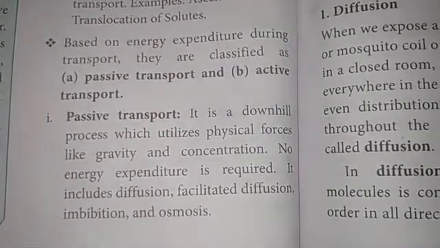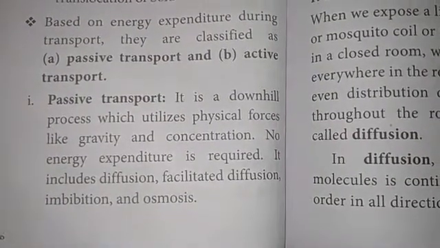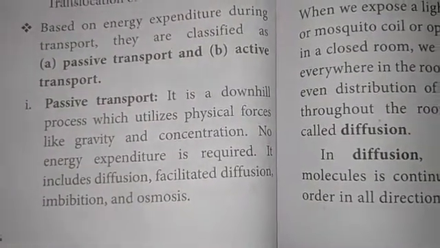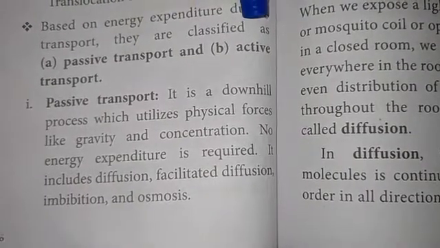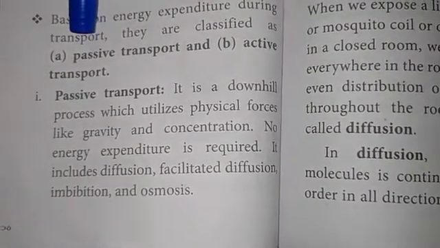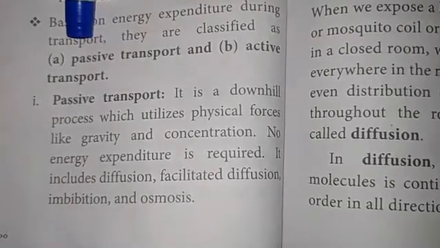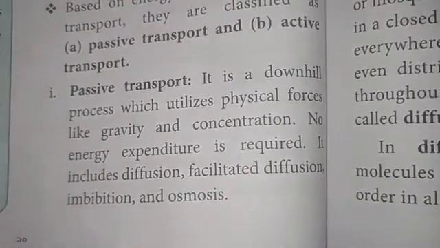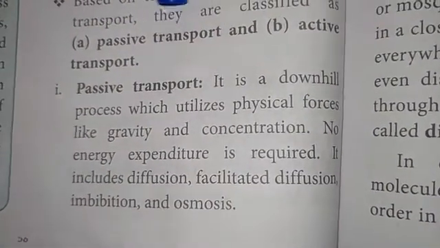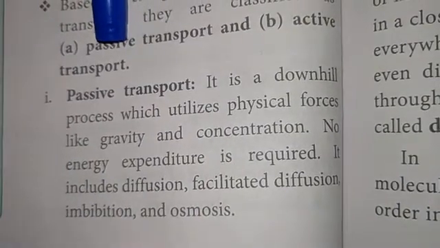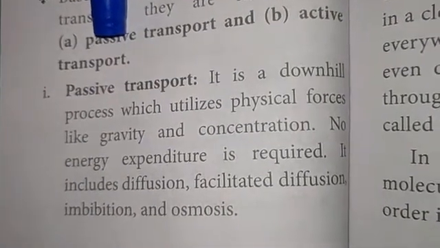Based on the expenditure of energy during transportation, it is classified into two types: passive transportation and active transportation. Passive transportation does not need any energy; it takes place passively. Active transportation needs energy to transport the substances.